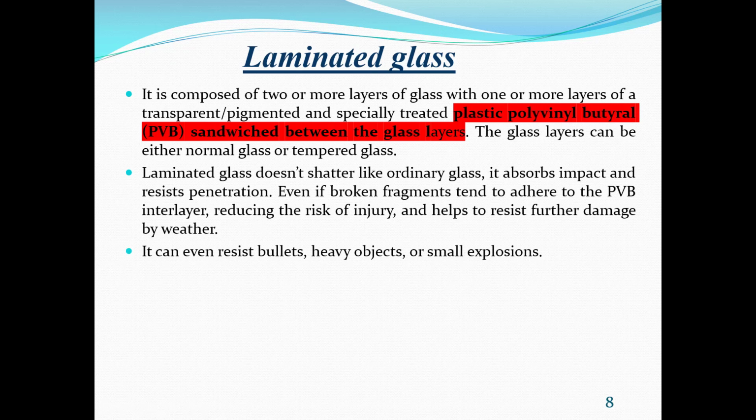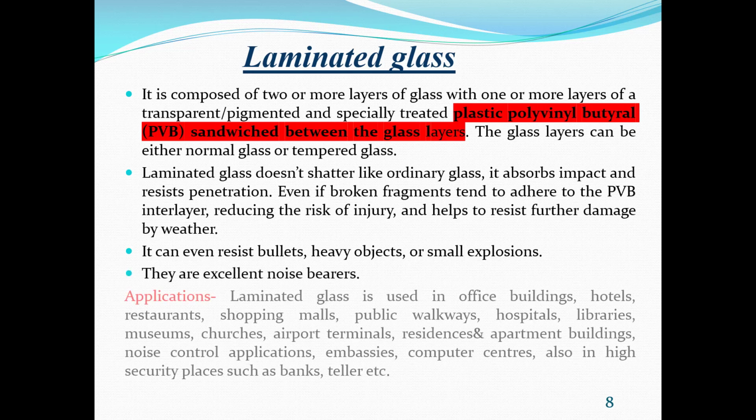It can even resist a bullet if properly designed, and it is also an excellent noise barrier. They are generally used in office buildings, hotels, restaurants, etc., for these reasons, to reduce breakage due to impact and as noise barriers.